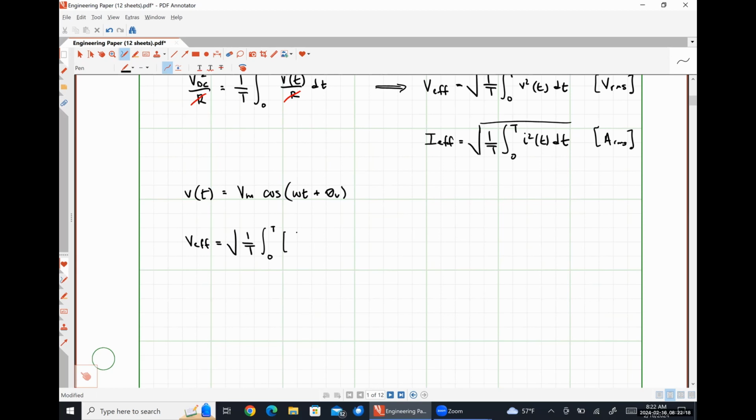And that's going to make this come out to be 1/2 Vm squared plus 1/2 Vm squared cosine of twice omega t plus, excuse me, this should be twice theta v, dt.